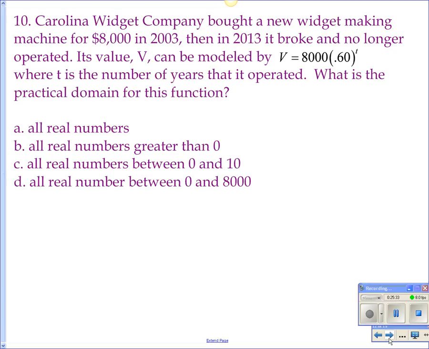Gracie, give me something to circle. Tamara, something else to circle. Domain. Blake, one more thing that's really important. Very good. Domain normally is X. In this problem, what letter are they using instead of X? T. And it says T is the number of years that it operated.